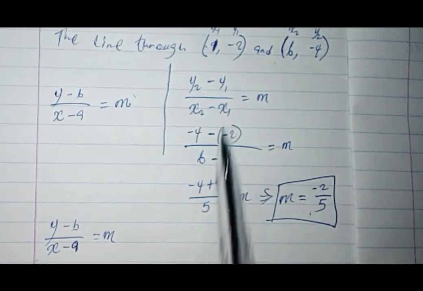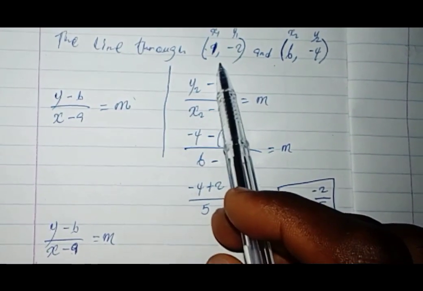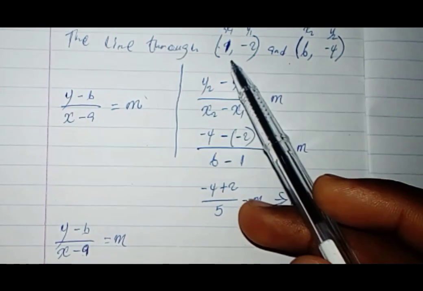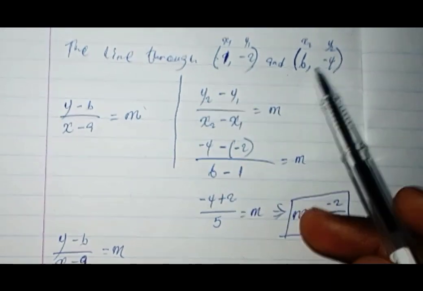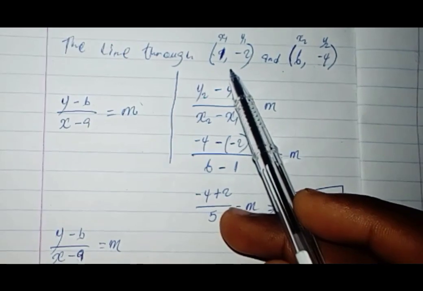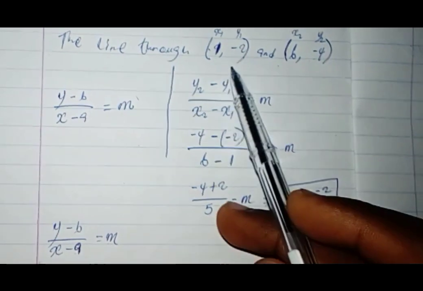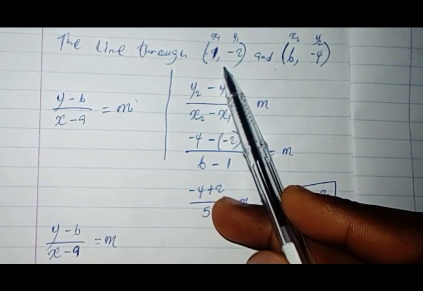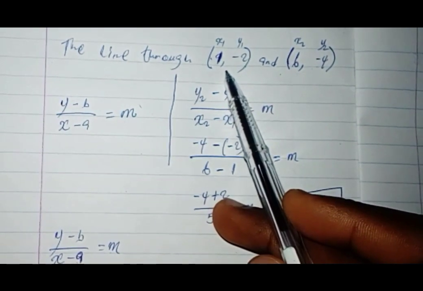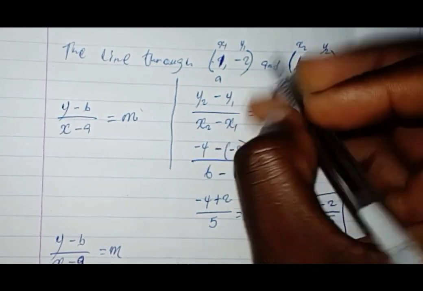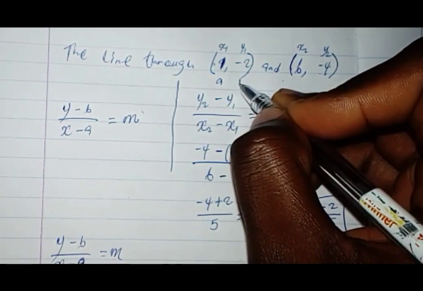So we initially had 2 points on the line given to us. So we can either use this or this. Mind you, if we use this, we'd get the same thing as using this. So first of all, we should use this. So using this, our a is the one at the x-axis and our b is the one at the y-axis.